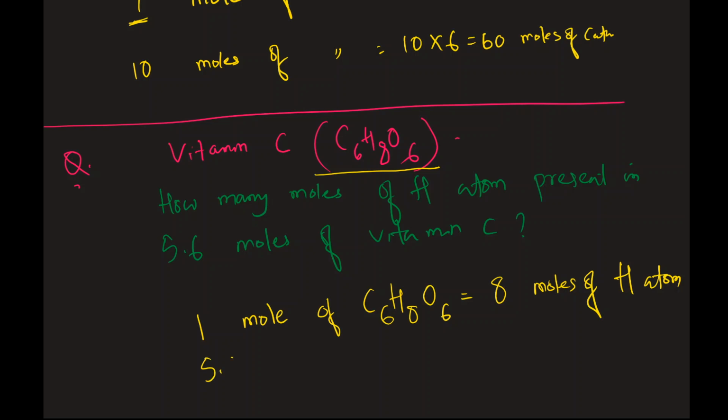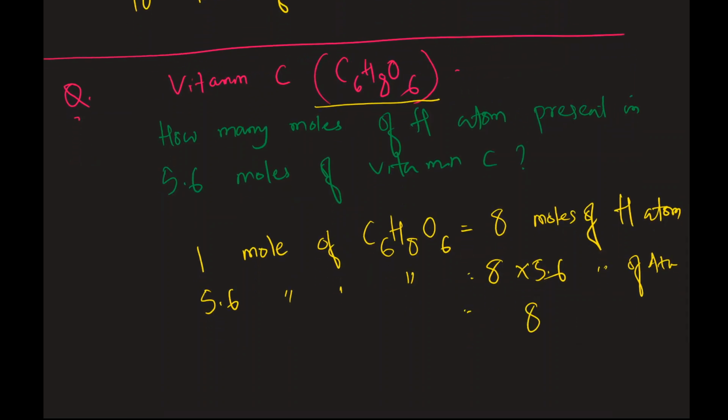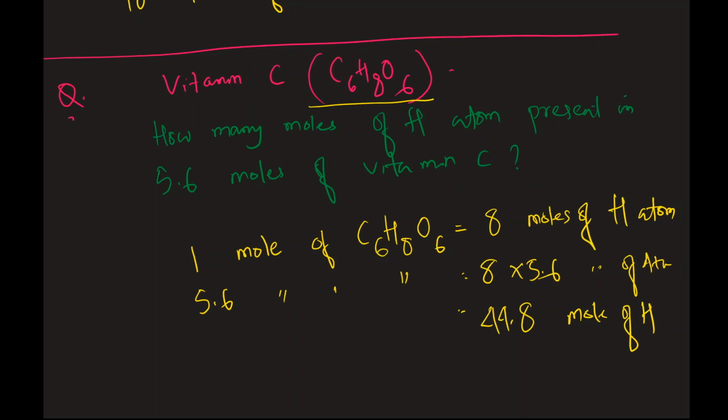And how many are we trying to find out? 5.6. So it's going to be 8 multiplied by 5.6. That's going to be 44.8 moles of hydrogen atoms.